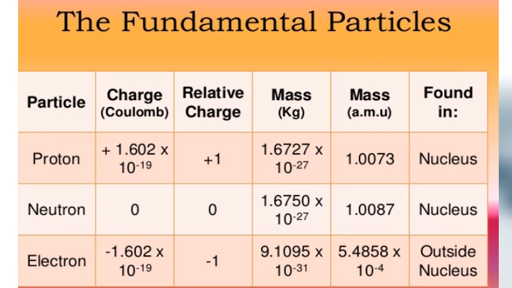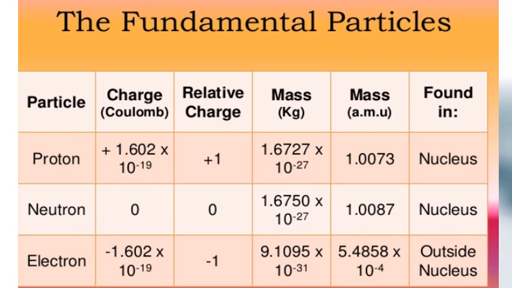The mass in atomic mass units is 1.0073 for protons, 1.0087 for neutrons, and electrons carry a mass of 5.4858 × 10^-4.